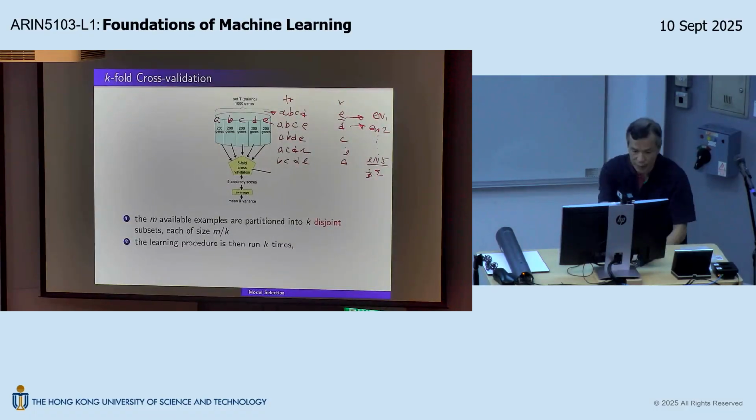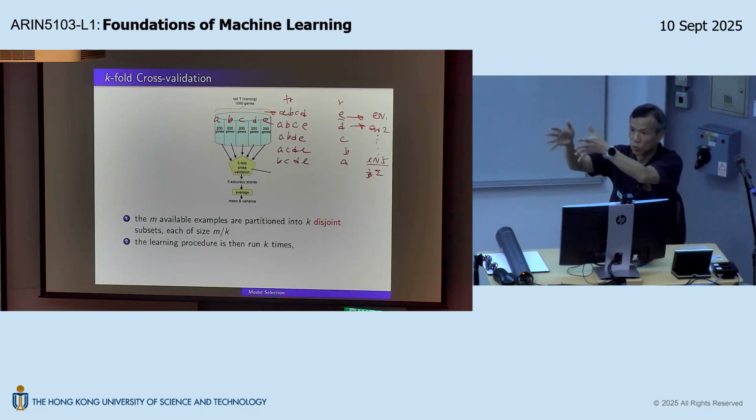In general, when you want to do K-fold cross-validation, you just cut the data into K parts, and they have to be disjoint, because just like before, you will use some parts for training and the remaining part for evaluation.